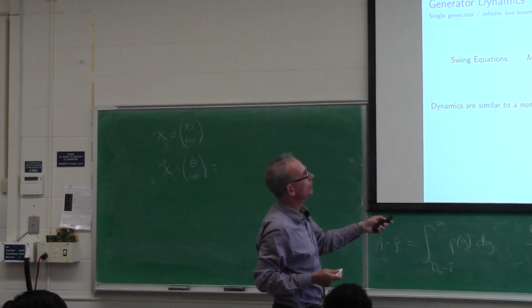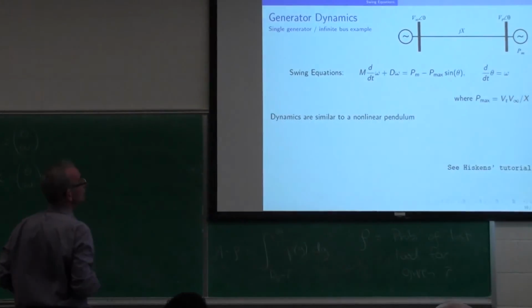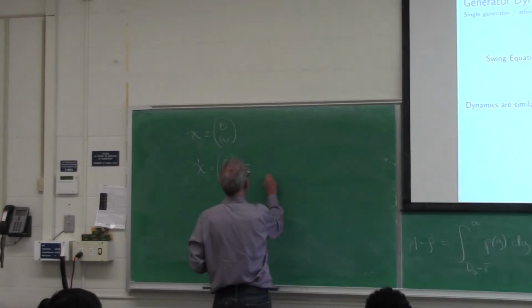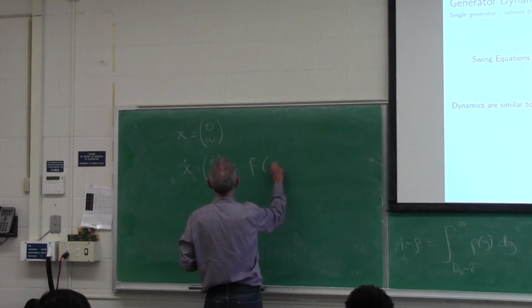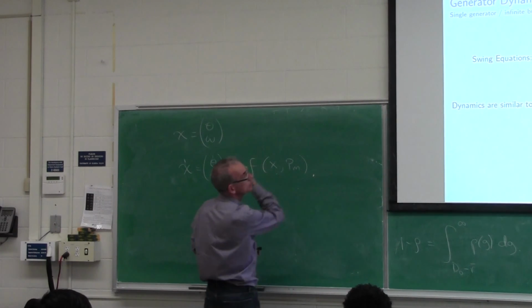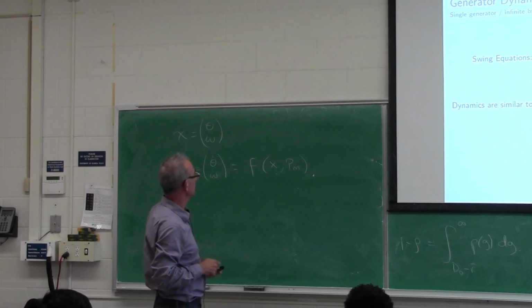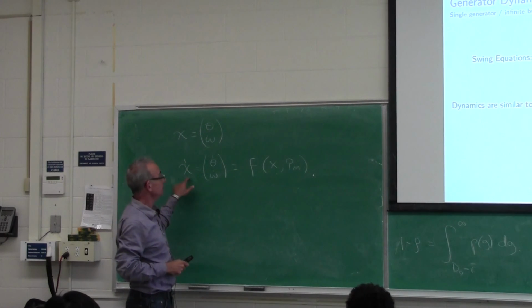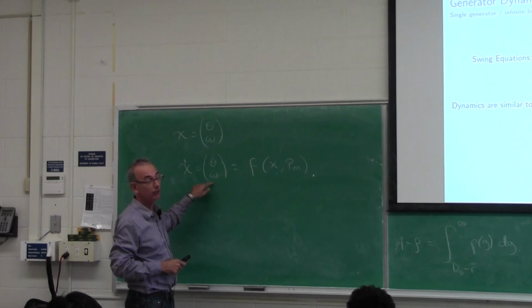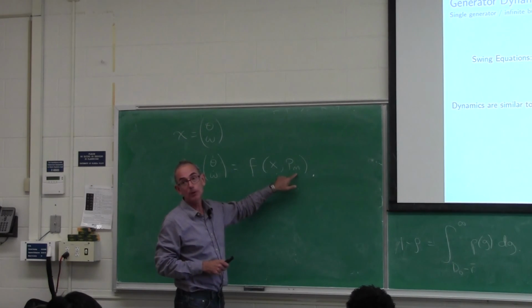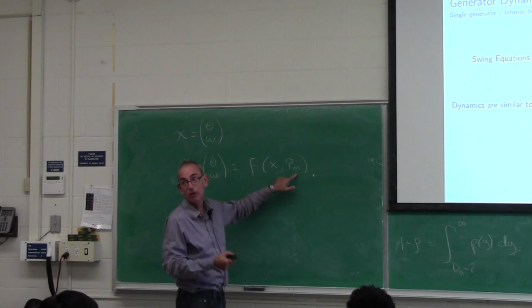And well, I've got these other inputs as well. There we go. So it's a controlled state space model. The vector derivative of the state is some function of the state and this input, because the mechanical torque is something I can adjust through fuel, by pumping down the fuel.